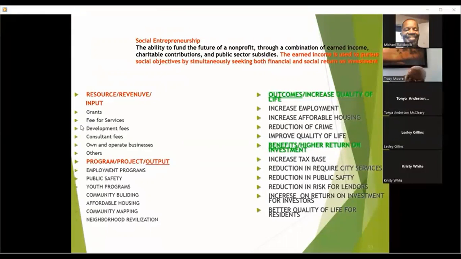Consulting fees are also earned income. And then the other part of this strategy is where does the revenue go? That goes to your program, which is output, to bring about your outcomes, to bring about your benefits. So this is what we call social entrepreneurship.